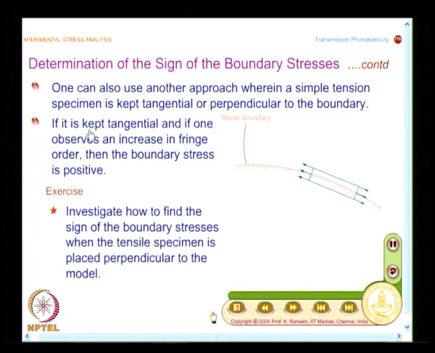And what we saw in the class, suppose I keep the model tangential, and if you find the fringe order increases, then the boundary stress is positive, because I already have retardation in this direction, and I add to that another retardation. If the original one was positive, because when I have a tension specimen, I am applying a positive retardation, it gets added to that when I keep it tangential.